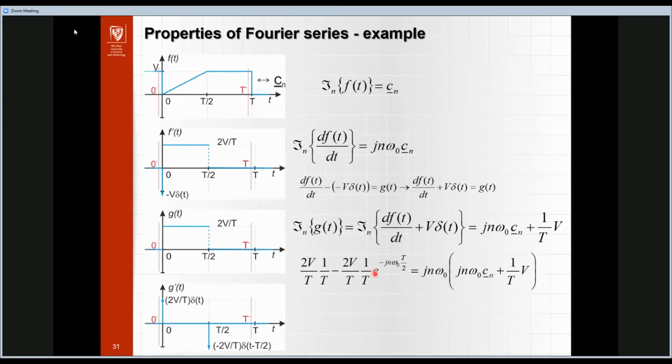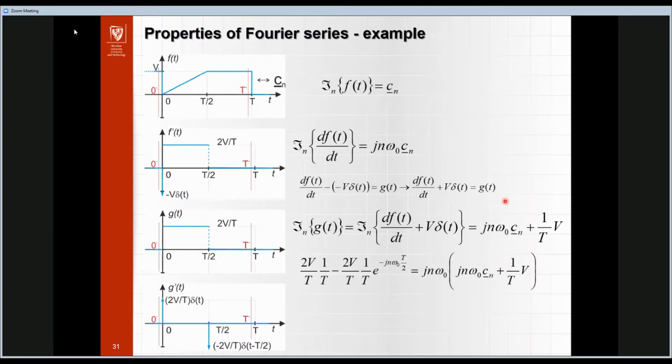So we write these coefficients here, and because we make the differentiation the second time, this coefficient arrives here, and here is the original from the first differentiation.